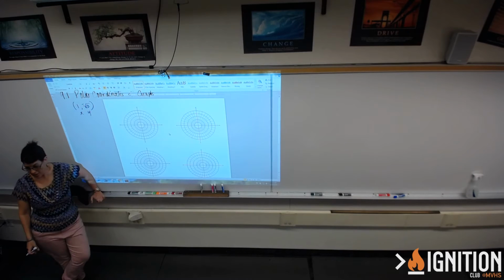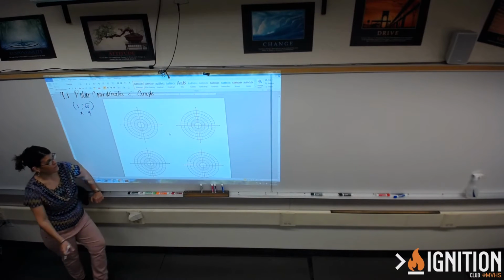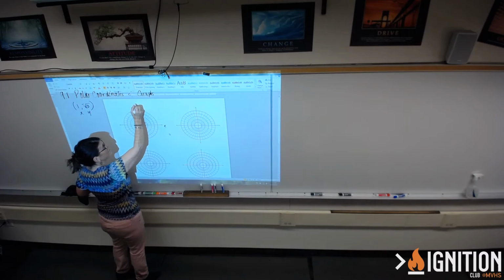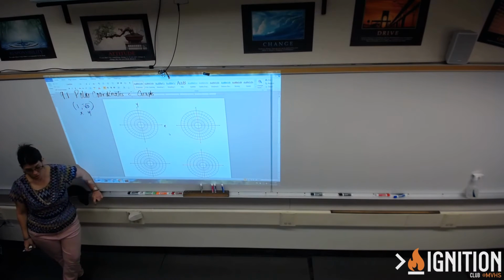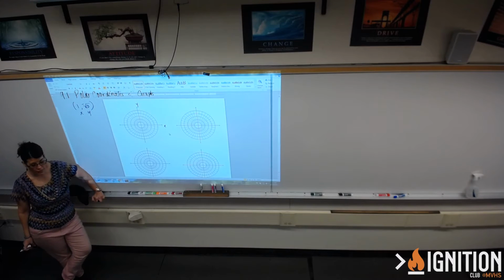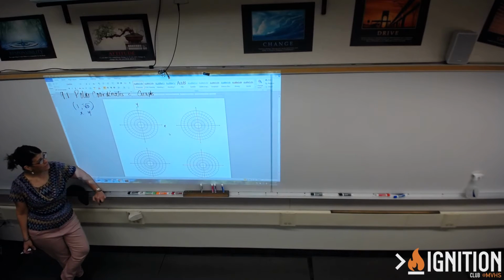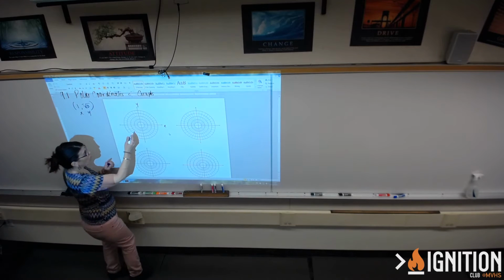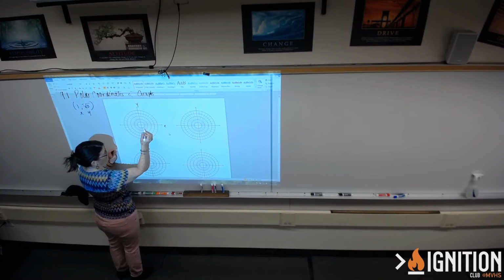Y is -√3. Agreed? If I was going to plot that on a rectangular system, this is my x, this is my y, where would (1, -√3) be? Fourth quadrant? Yes. -√3 is -1.7-ish, right? So (1, -√3) is like here.